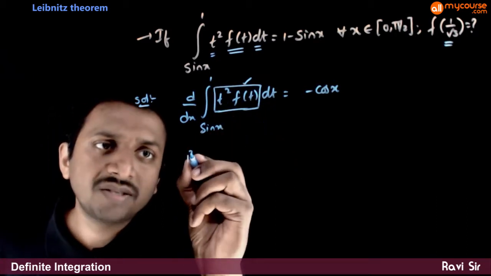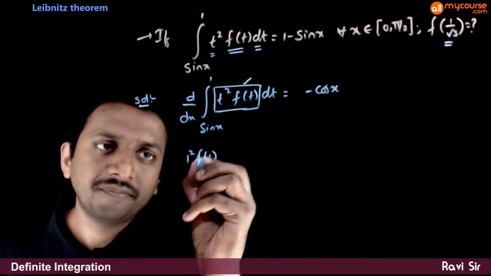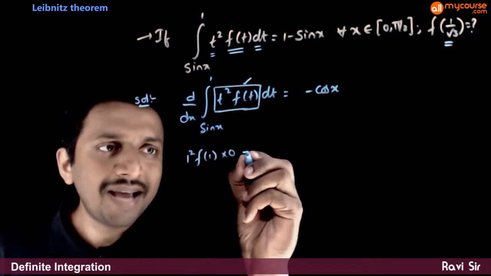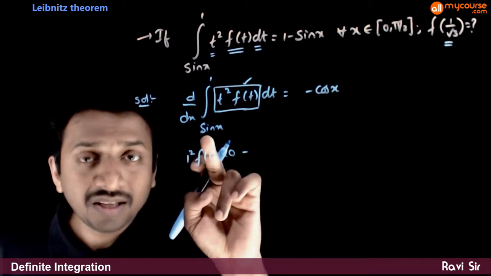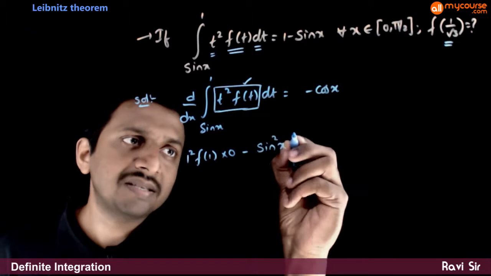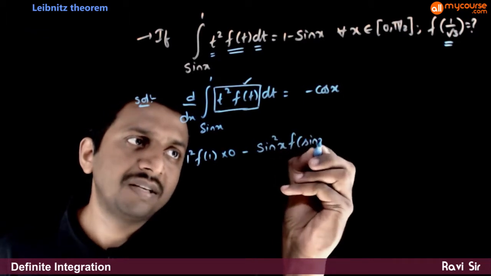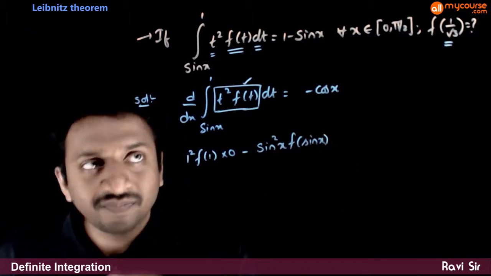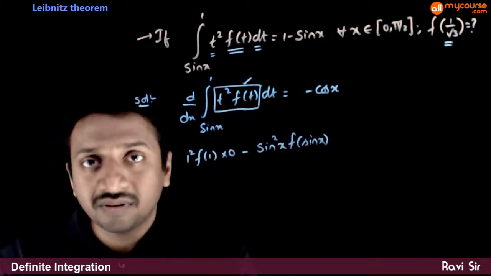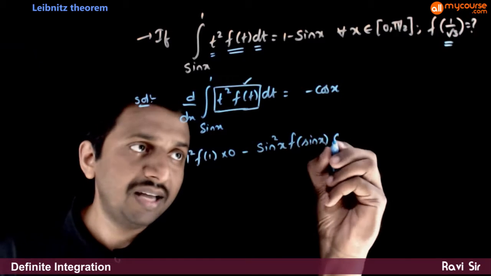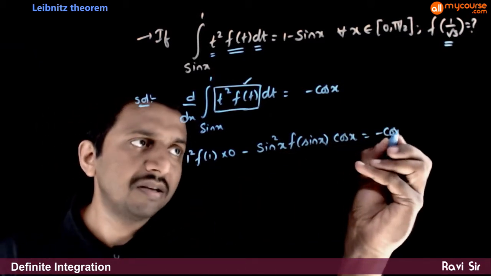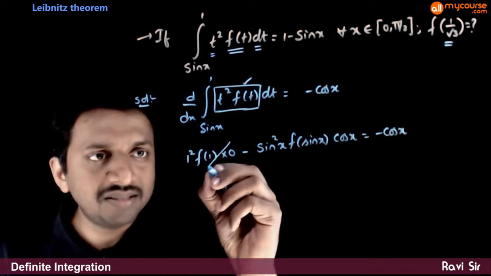It is 1 square times f of 1 times the differentiation of the upper limit, which is 0, minus, I'll put the lower limit in the place of t, is sin square x into f of sin x into the differentiation of the lower limit, which is cos x, is equal to minus cos x. So this is 0.